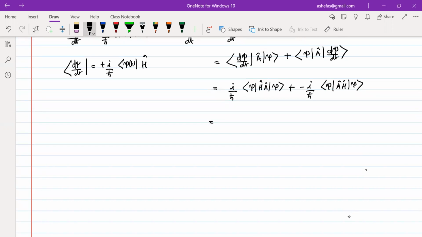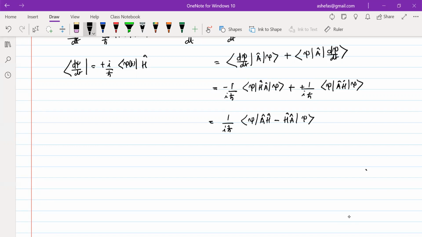This can also be written as 1 by i h cross psi, A H minus H A, psi. If the i goes to the denominator, it becomes a minus, so this can be written as minus 1 by i h cross, and this as plus 1 by i h cross. So 1 by h cross can be taken as common.